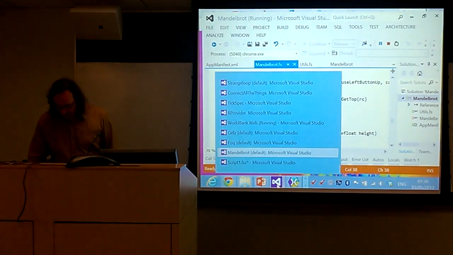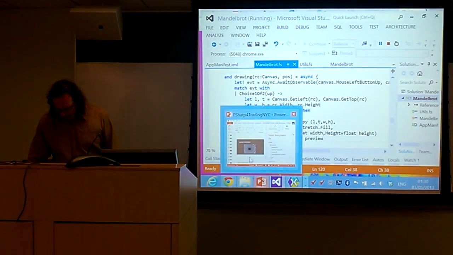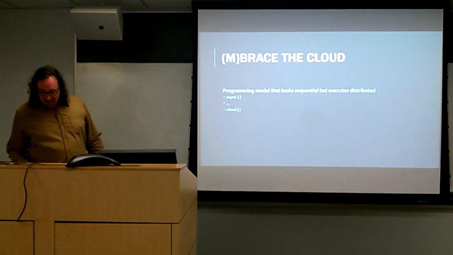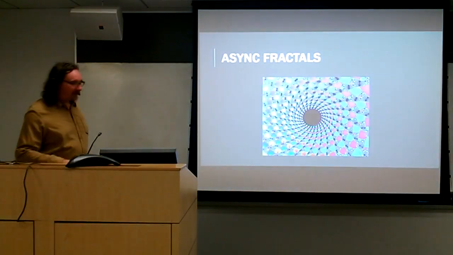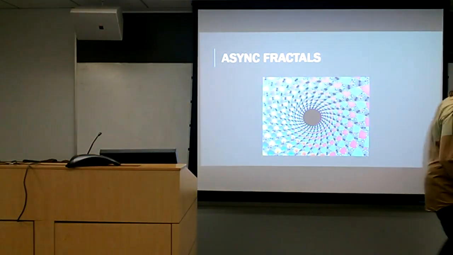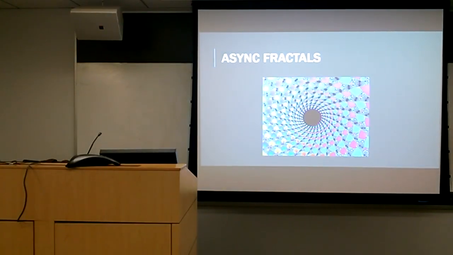Okay, so yeah, async is great for fractals. Actually, I think Thomas has done a talk on this before, but we've just looked at really simple async, and it's kind of beyond the scope for me to go too deep.